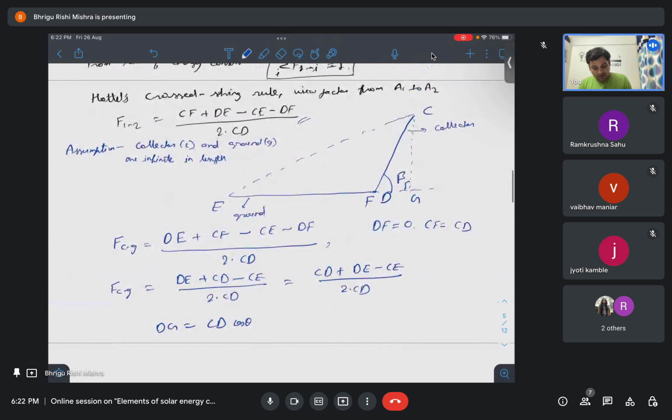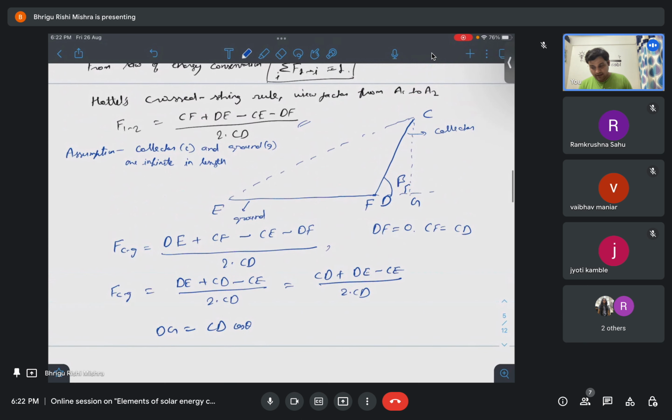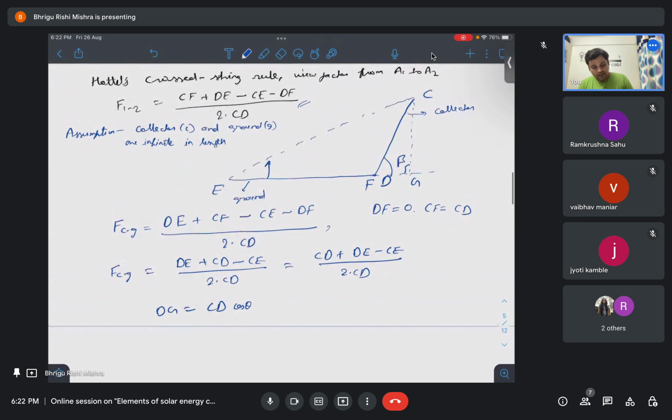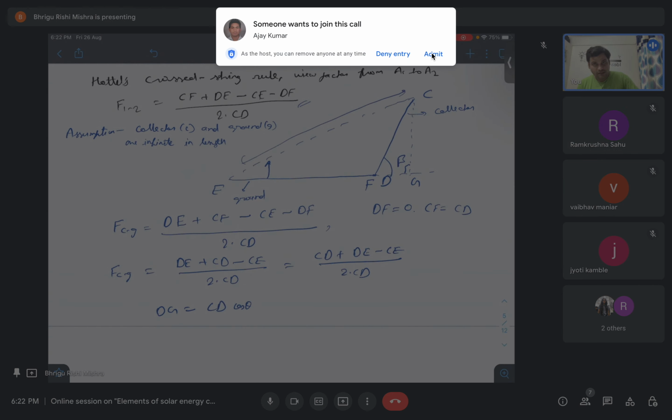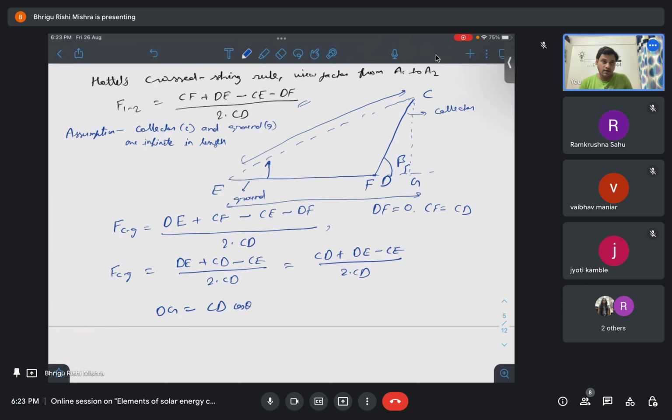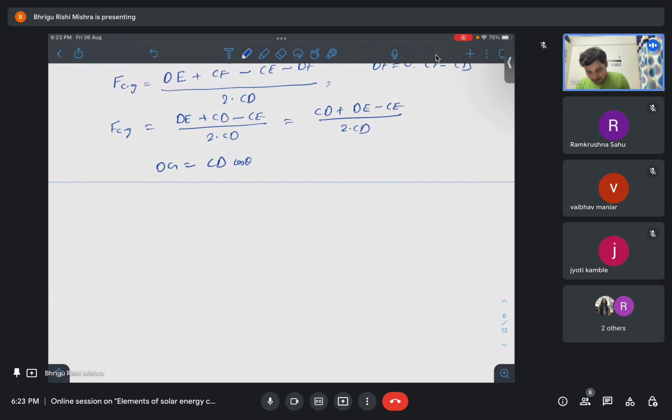Now since we have assumed that collector and ground are infinite in length, this angle kept on increasing, and at infinite length it is 0 degrees. In simple language, when CD and FE are at infinite length, then CE will be equal to EG.